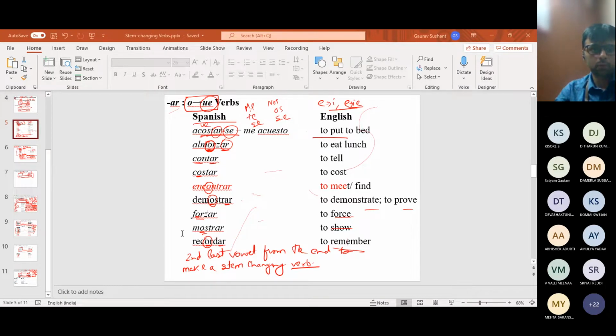For the time being, the verbs which I'm giving here are basically AR ending verbs, so it should not be a problem.